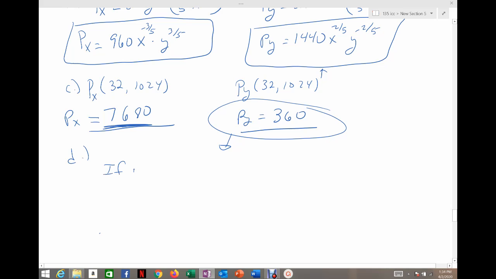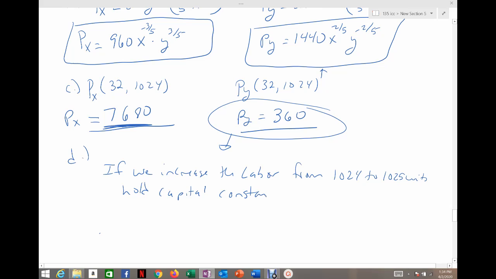So if we increase the labor, right, the y part is the labor, specifically from 1,024 to 1,025 units, hold capital constant, specifically at 32 units, productivity will increase by 360 units.